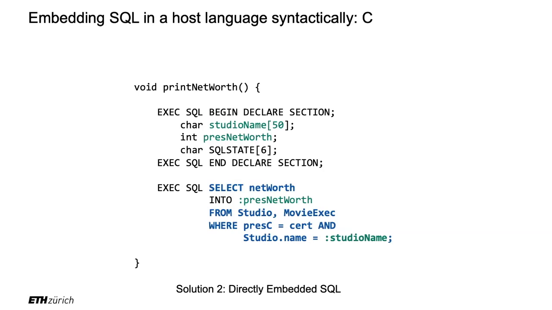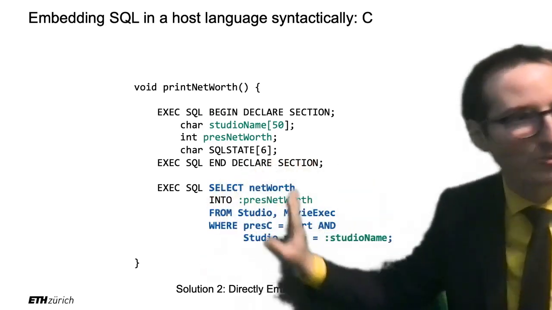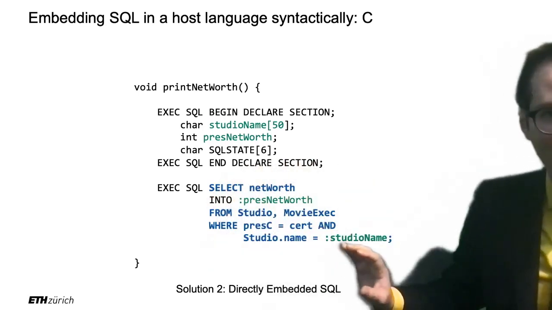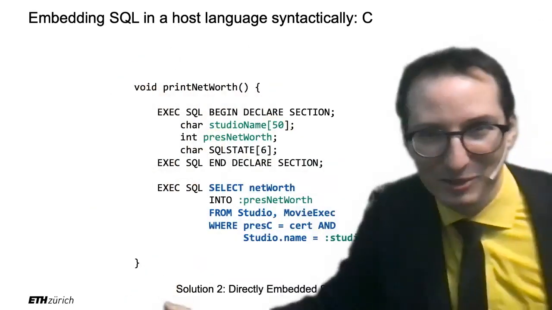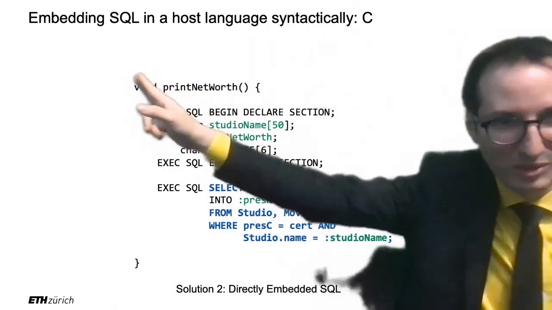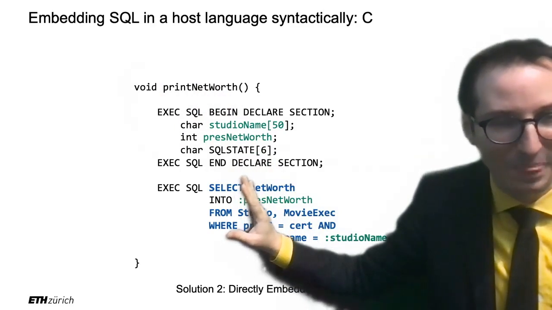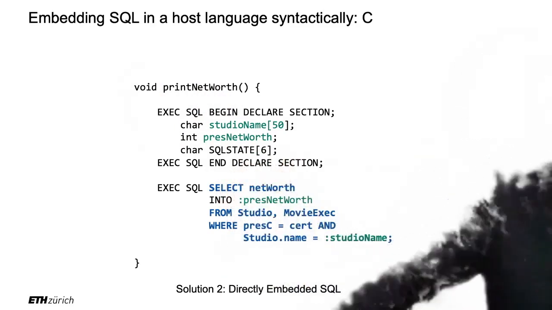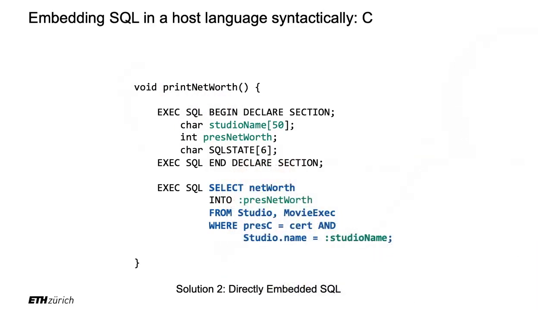So you see here what we have is basically SQL. You probably recognize something that looks like SQL right here, but it's embedded in another language. In that case, it's C. So this is actually C and this is SQL. People basically merged C and SQL. They defined a new language where you have both SQL and C intertwined, right?